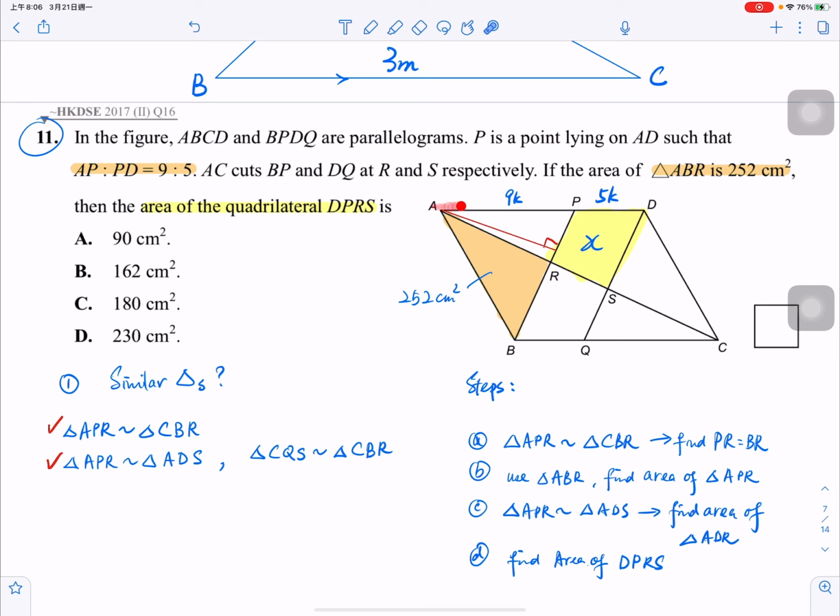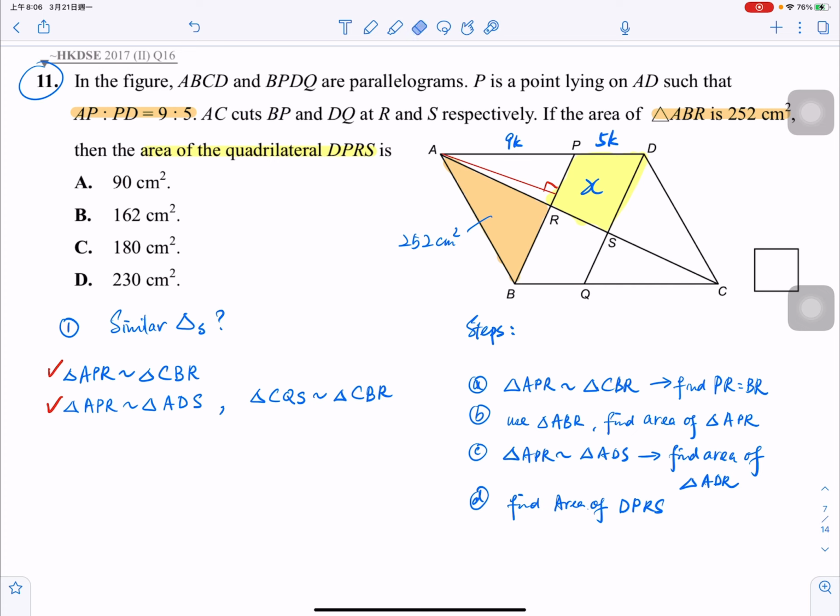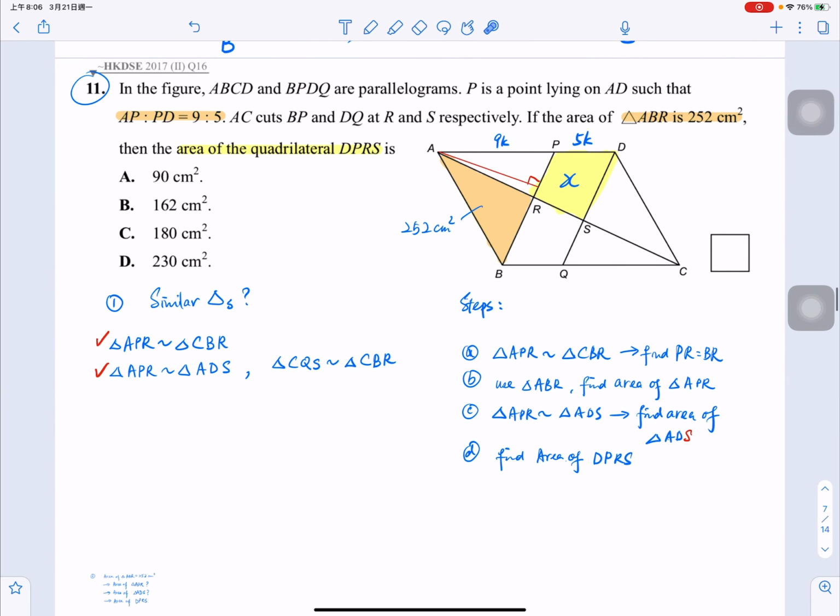Then, because of the similar triangles APR and ADS, if you know the area of ADS, the big one minus the smaller one gives X. Okay, so let's go through it step by step.